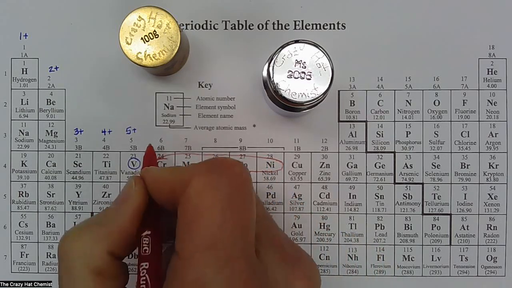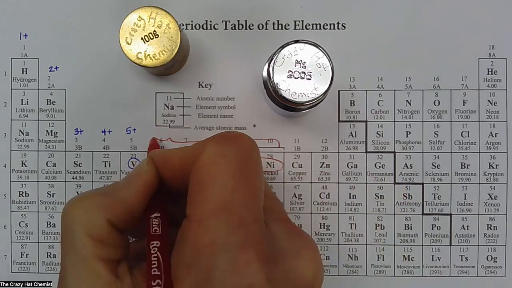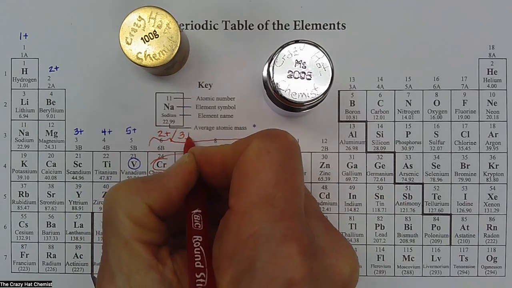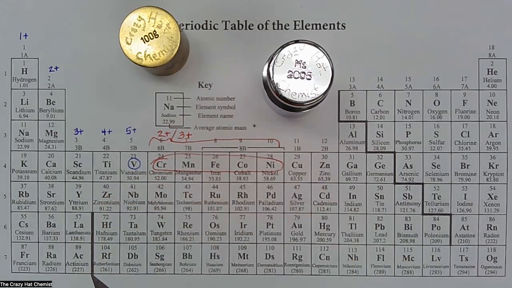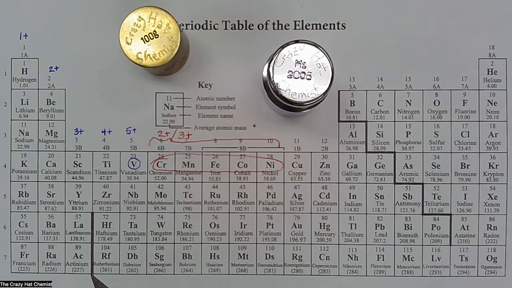These 5 elements right here are going to have a set of charges of 2+ and 3+. And here's how I tell my students to remember it. You are driving down the highway and you see some flashing red and blue lights behind you. That's probably not a good thing.